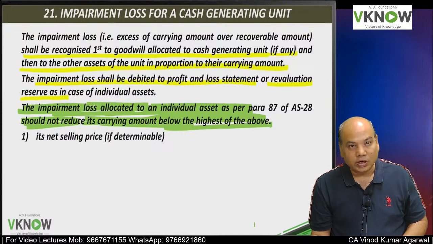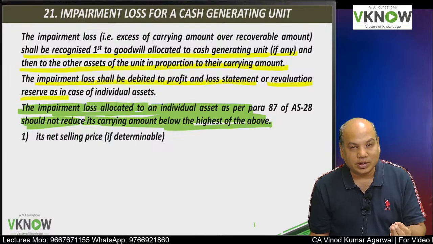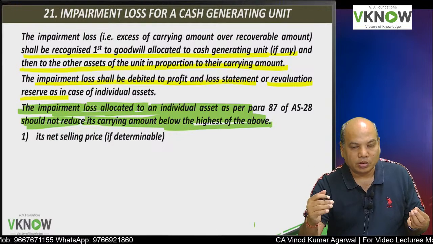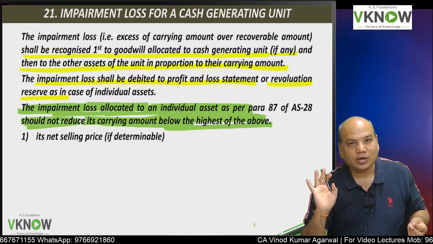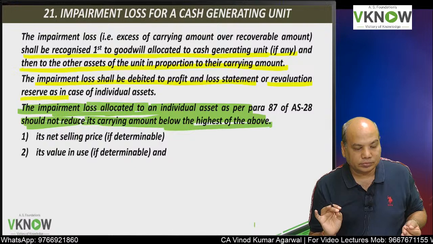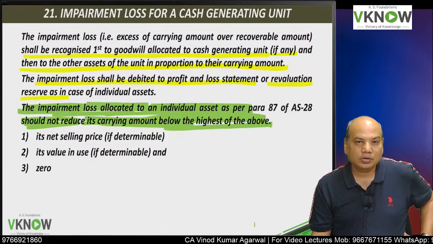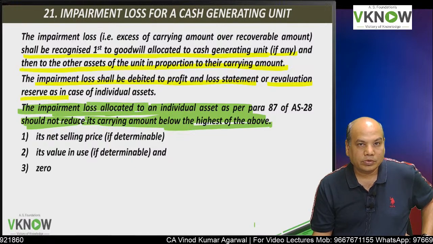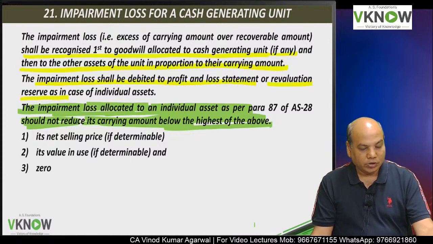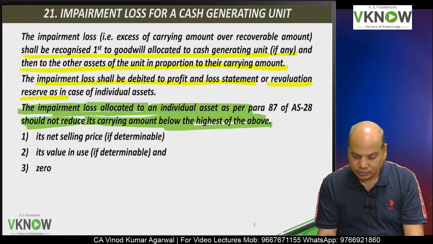Which three? One is net selling price, if the individual asset's net selling price can be determined. The carrying amount after providing impairment loss should not be lower than the net selling price, or its value in use if determinable, and next is 0, to ensure the carrying amount of the asset does not become negative. Okay.